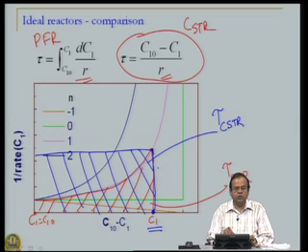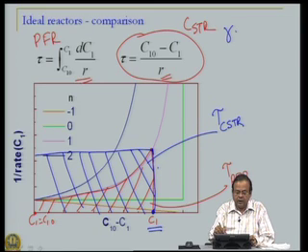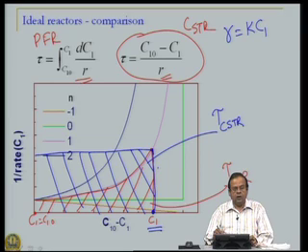It is clear from this representation that the plug flow reactor gives us lower residence time compared to the stirred tank reactor. So, for a reaction with first order kinetics, r equal to Kc1, my plug flow reactor results in lower residence time as compared to a stirred tank reactor for achieving the same degree of conversion.